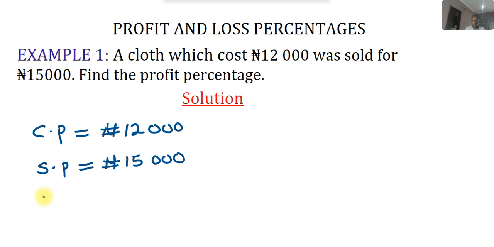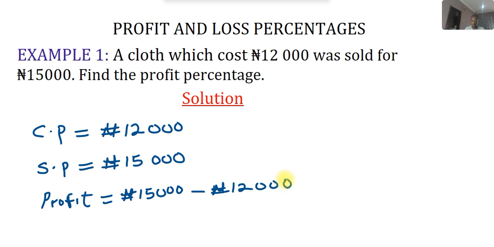Therefore, we take our profit, which represents selling price minus cost price, that is 15,000 naira minus 12,000 naira, which will be equal to 3,000 naira.